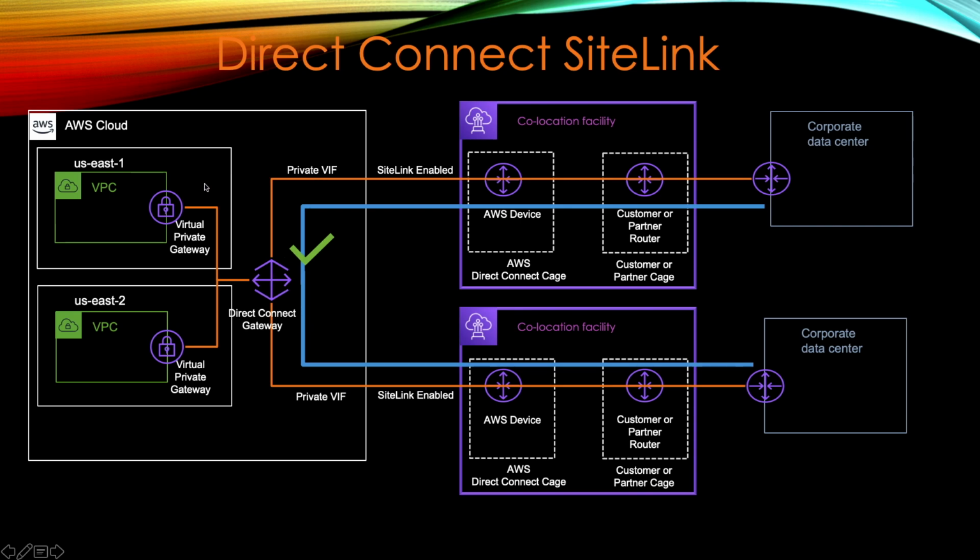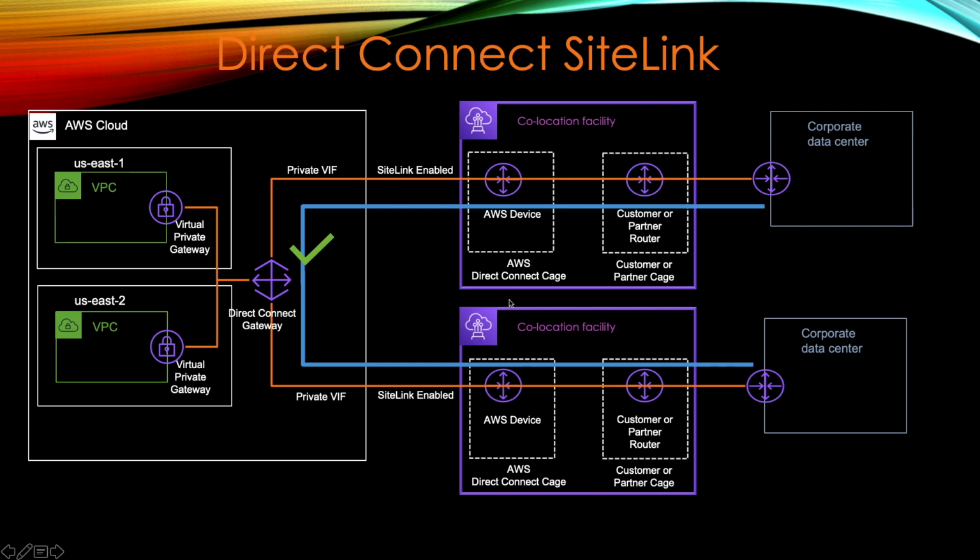If your private VIF is directly attached to a virtual private gateway, then you cannot enable SiteLink. Keep these two points in mind, because you can be tricked in the exam: they may say your private VIF is connected to a virtual private gateway and ask about enabling SiteLink. It is not possible. A Direct Connect gateway has to be there for SiteLink.